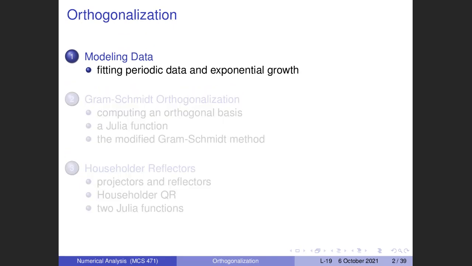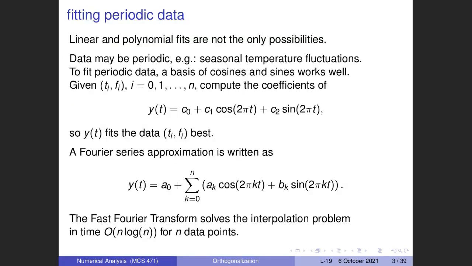All right, let's then look at some applications: fitting periodic data. So often when we make measurements, there is a seasonal fluctuation. There are very natural periodic phenomena that are observed.